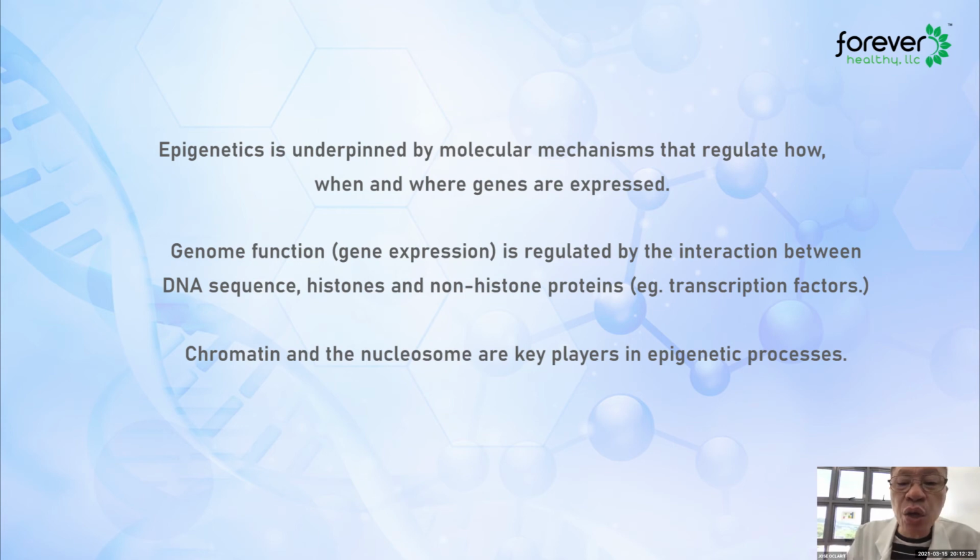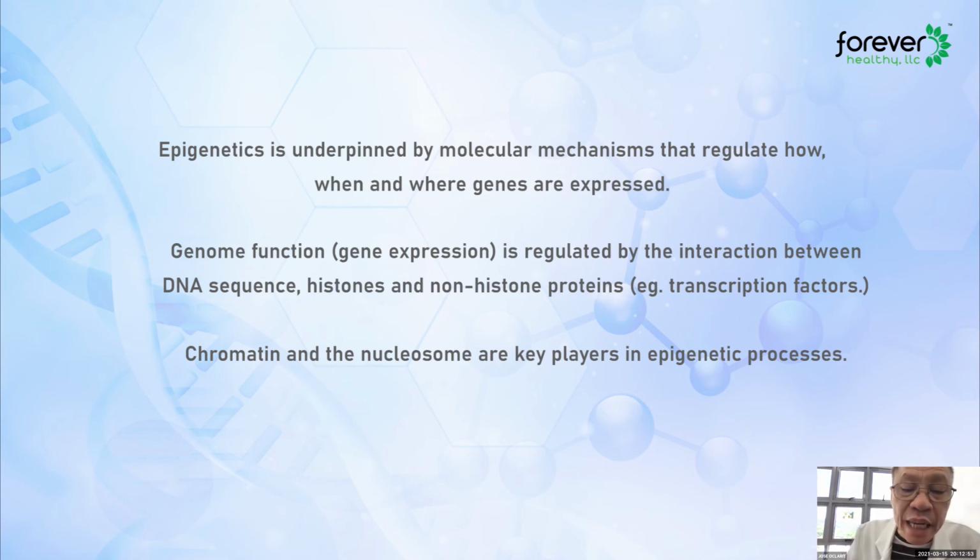The genome function, which is gene expression, is regulated by interaction between the DNA sequence, the histones, the non-histone proteins, and the transcription factors. The transcription factors are the ones that play a role in deciding which part of the recipe is to be transcribed and which part is to be altered in order to produce new proteins.